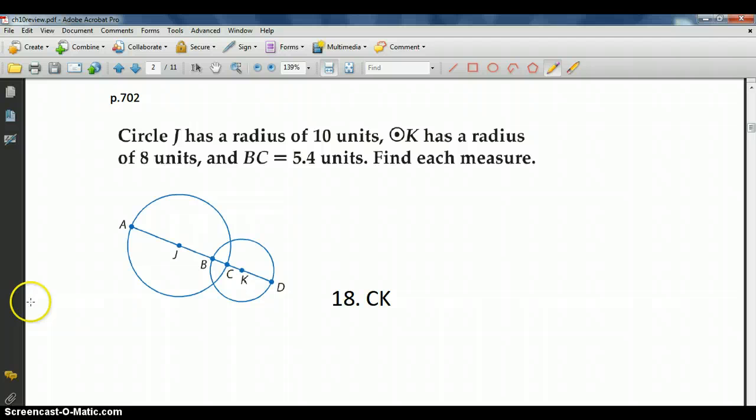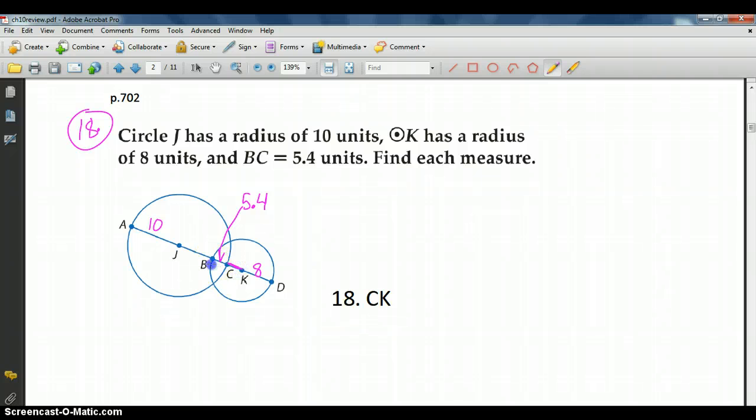The next problem comes from page 702, and this is problem number 18. Circle J has a radius of 10 units. Circle K has a radius of 8 units. And BC is 5.4. Find each measure. We want to find CK, so the distance from here to here.